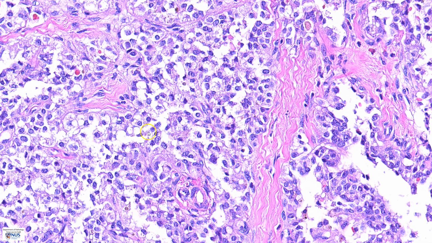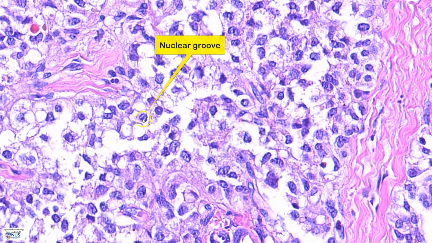The nuclei are relatively uniform and the cells have fairly abundant, pale, eosinophilic to clear cytoplasm. In some areas, we can appreciate longitudinal grooves in the nuclei. Some of the nuclei also contain small, but not very prominent nucleoli.